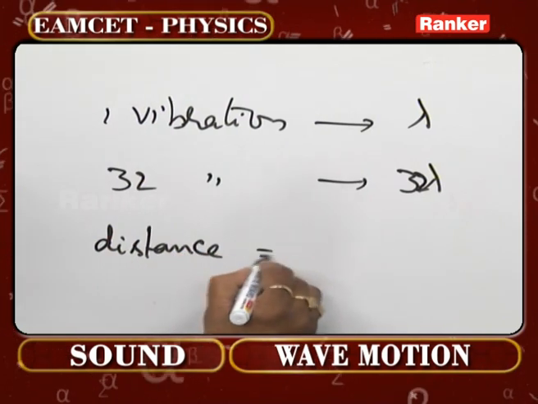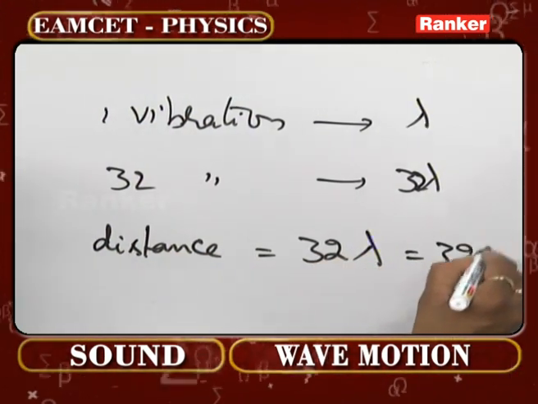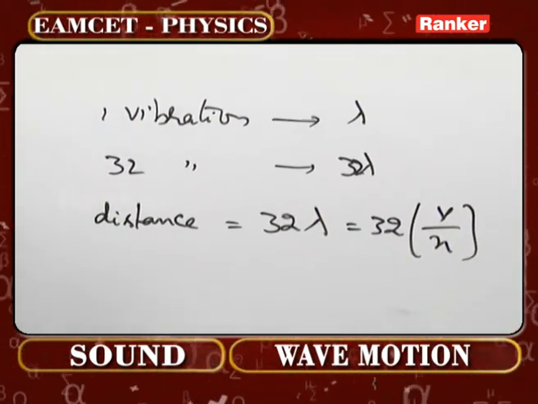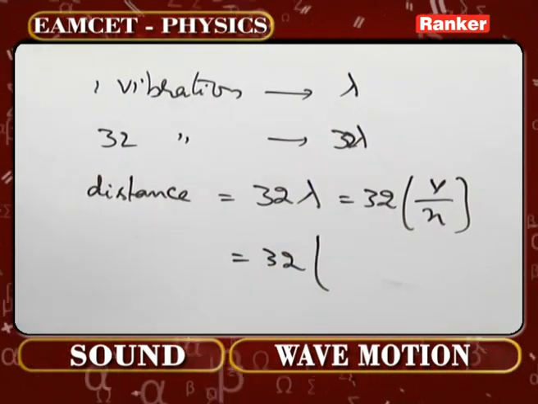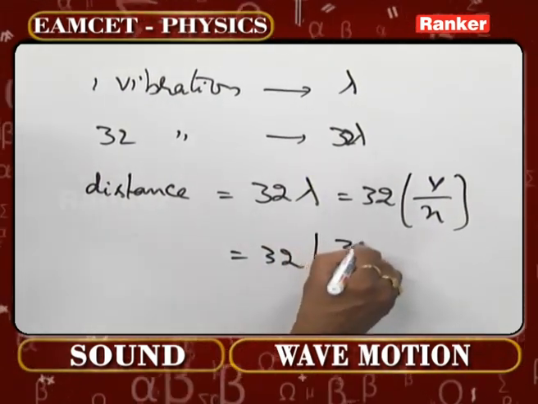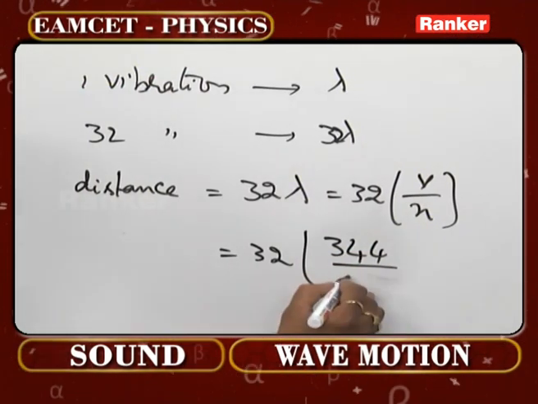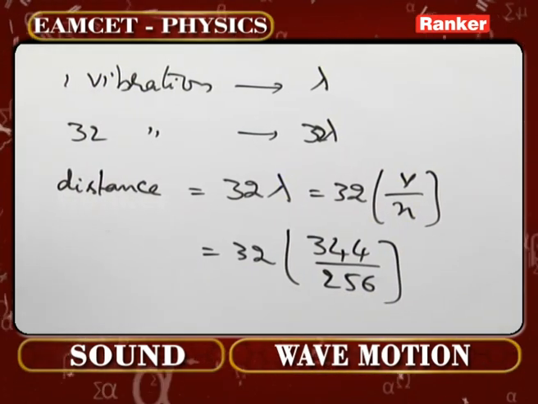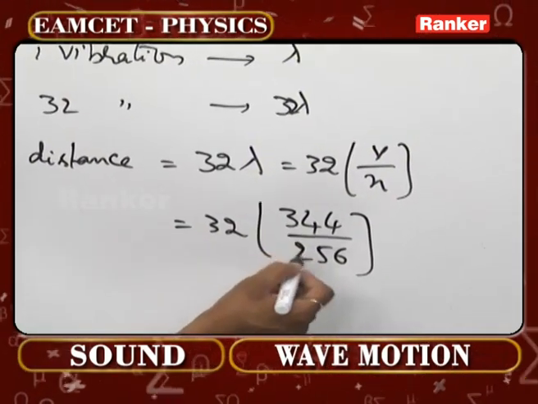Therefore distance travelled is equal to 32 times lambda, which can now be taken as 32 into V by N. What is the value of velocity that is given? You check there. It is 344 that is given over here, divided by the frequency, 256. Now check this one carefully, 32 over here, 344 for this one.